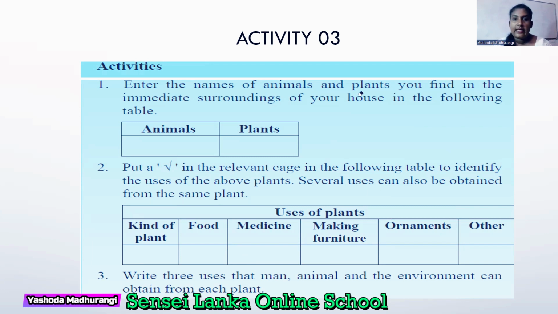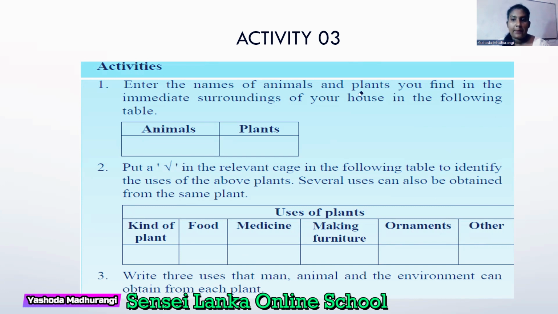Some birds make nests. Sometimes the squirrels make their habitats on the coconut tree. And then for the environment, it gives shade, it gives oxygen, it gives beauty, it gives coldness. Like that, you have to write about 5 plants.